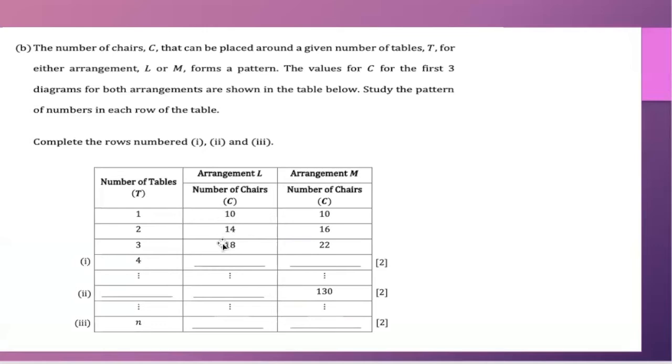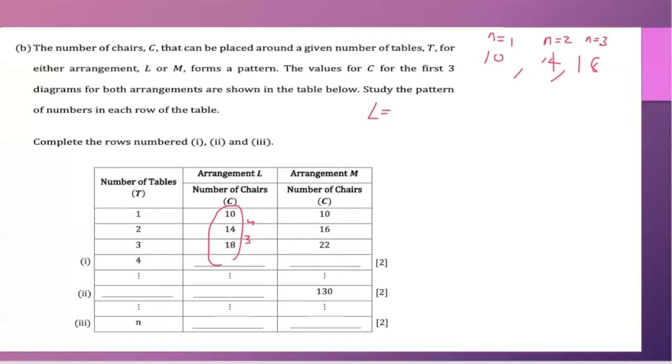Let's look at the arrangement for L. For this we have 10, 14, and 18. And what we have to do is figure out the pattern that's happening. This is the starting point, so I'm just going to say n equals 1. This is where I start, and then I have n equals 2. This is where I add the next one, and then n equals 3.